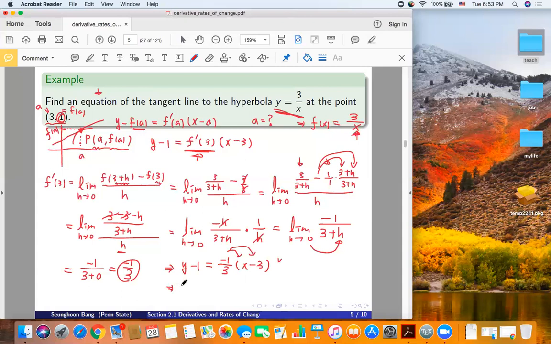This is the same as y minus 1 equals negative 1/3 x, and -1/3 times -3 is positive 1. You just add 1 to both sides. So we have y equals negative 1/3 x plus 2. That's it. This is the exact equation of the tangent line. This is the whole idea for solving this kind of problem.